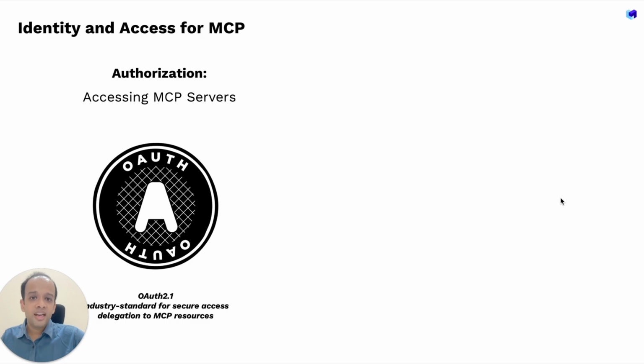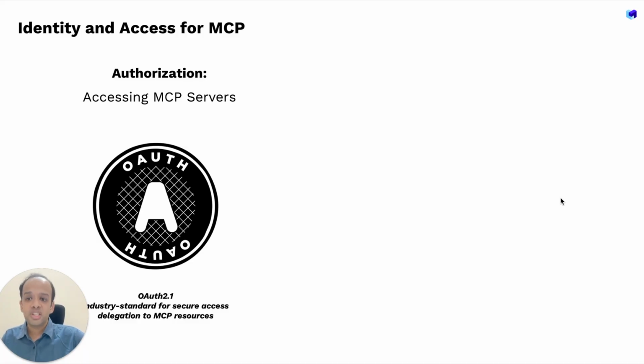Now, in an enterprise context, the enterprise admin typically expects all of their applications to be put under a single sign-on system, which is an SSO. And an AI agent which is using MCP is just another application that enterprises want to be able to integrate into SSO. This is why we need authentication and authorization.